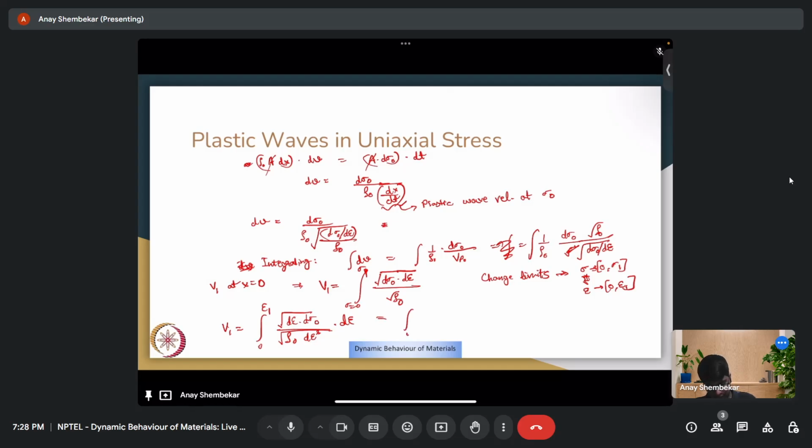This is an integral which gives us the expression V1 equal to the integral from 0 to epsilon 1 of the square root of d sigma naught by d epsilon by rho naught, d epsilon. So this is what the generic equation would look like, and this is the general solution.